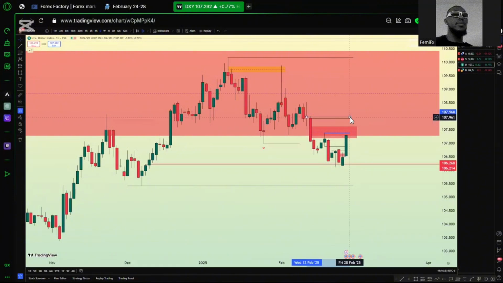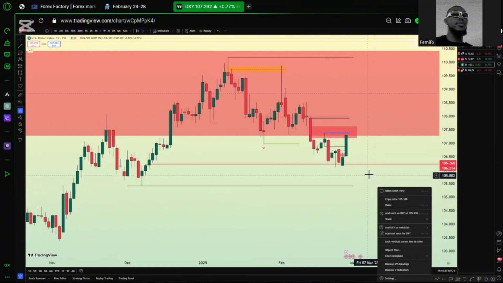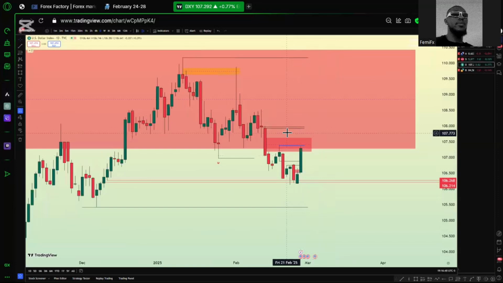This is very good information. You could use these levels to foresee an idea or to make sure that this particular narrative I have in mind for these buyers is playing out, coming to fruition basically. Because if we have a volume imbalance here, that means this area is void of bodies of candles. Obviously, it's visually seen here.